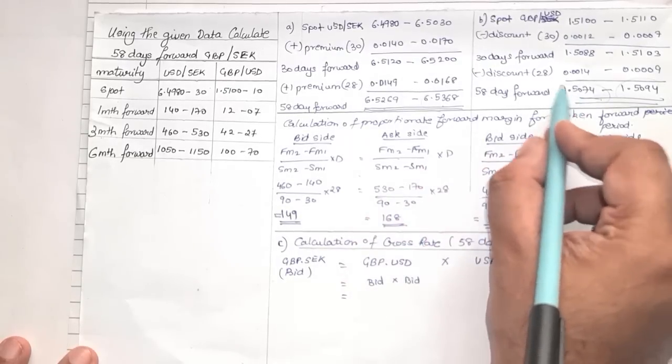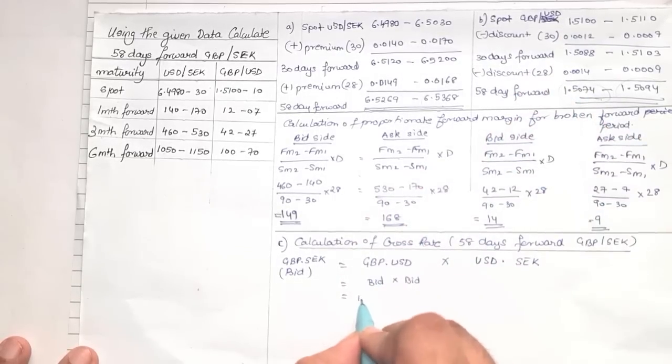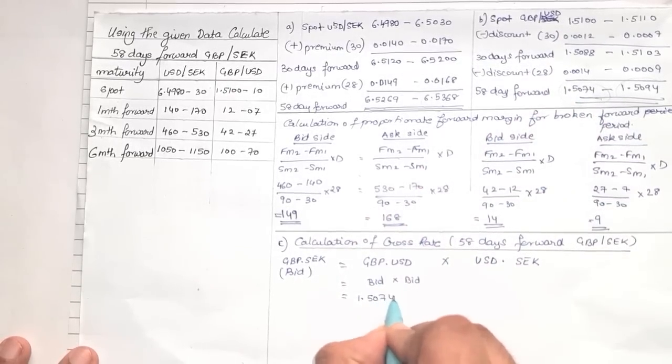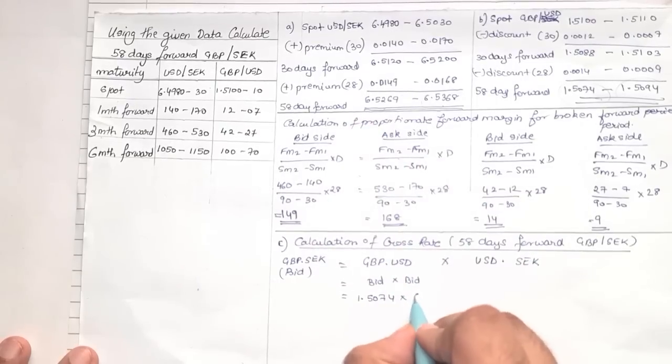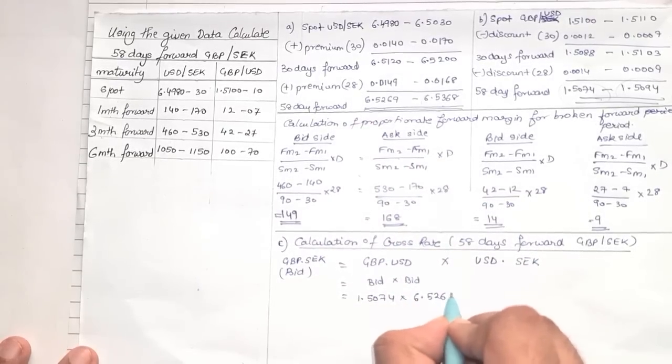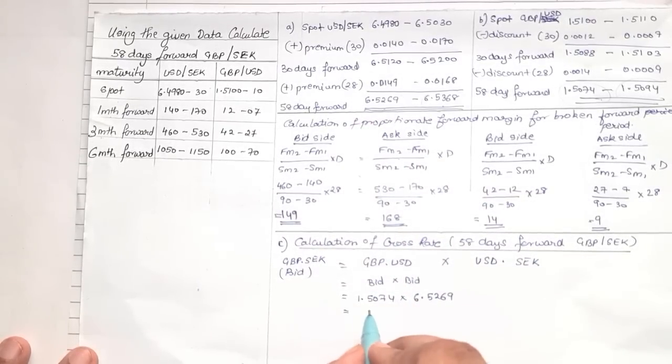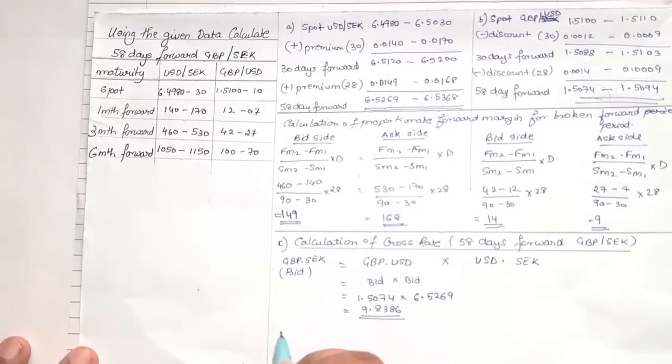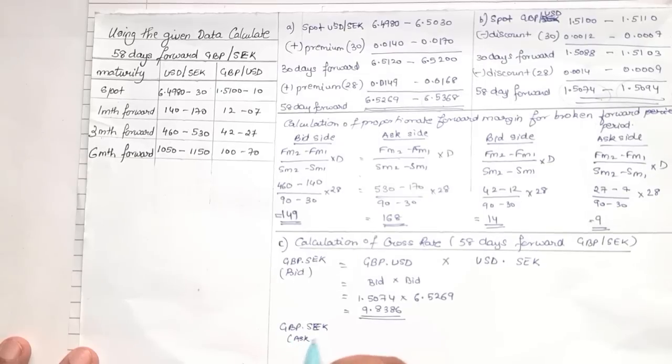So bid rate of GBP to USD was 1.5074 and for the other one it was 6.5269. We multiply it and we will get the value as 9.8386.